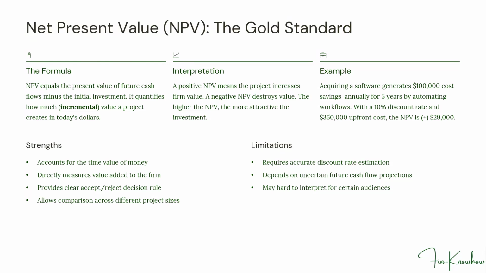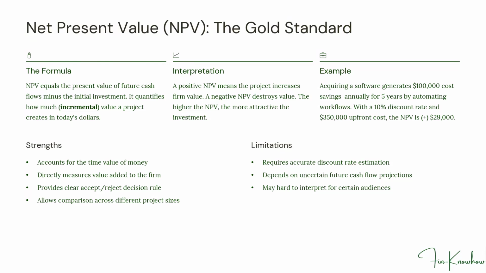So in effect, that investment would destroy value. The higher the NPV, meaning the higher the amount by which the benefits exceed the cost, the more attractive the investment. So when you think about it, NPV is evaluated in dollar terms. How many dollars of benefits did you get in excess of the dollars of investment that went into the business?